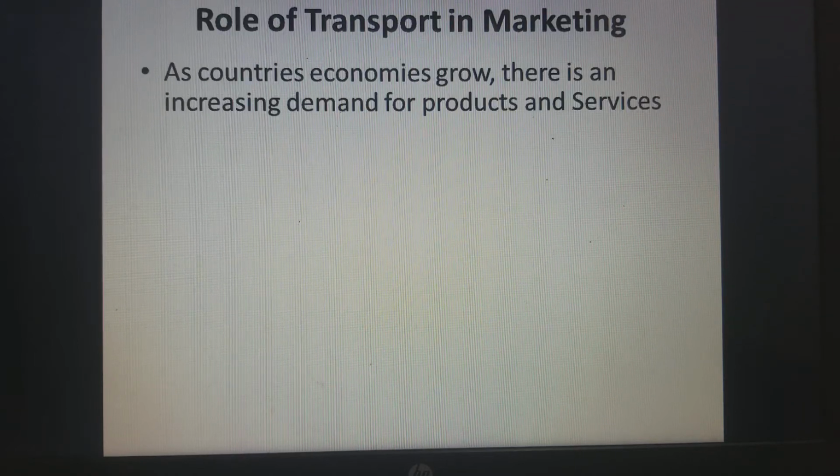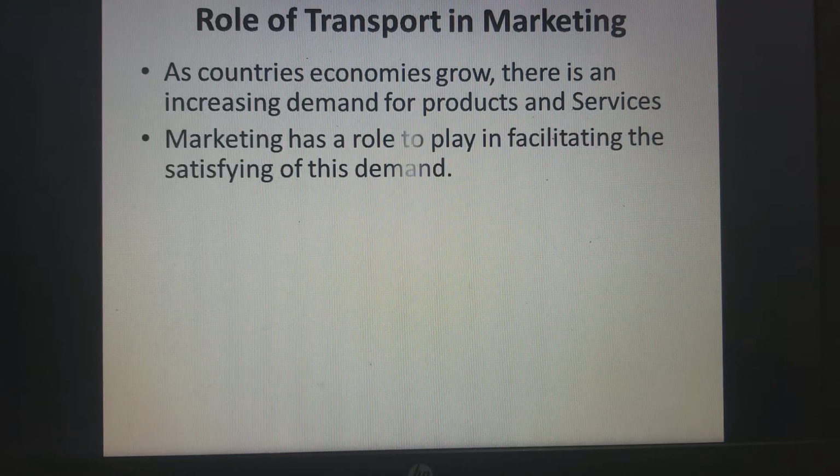Let's look at the role of transport in marketing. As countries' economies grow, there is an increasing demand for products and services by the consumers.